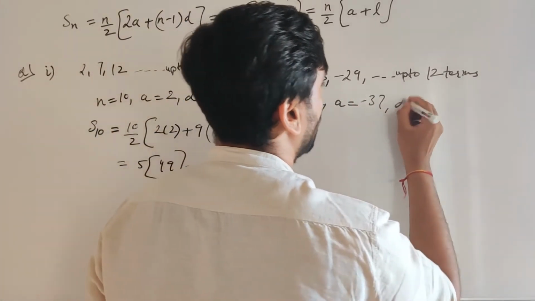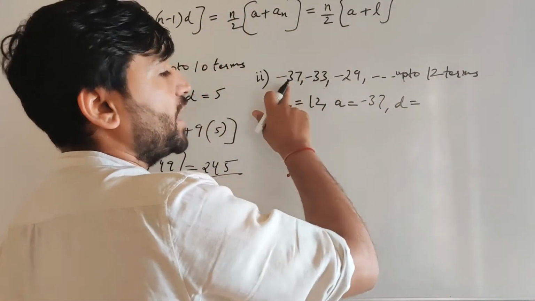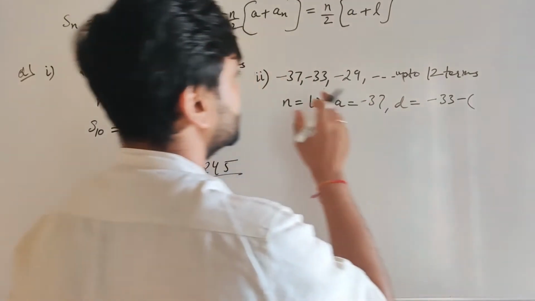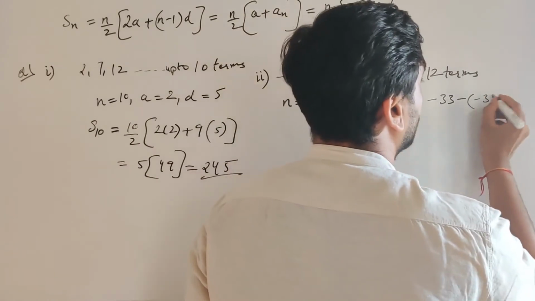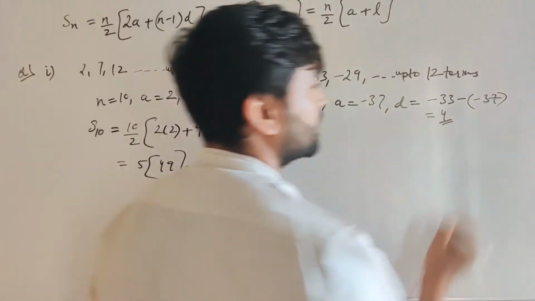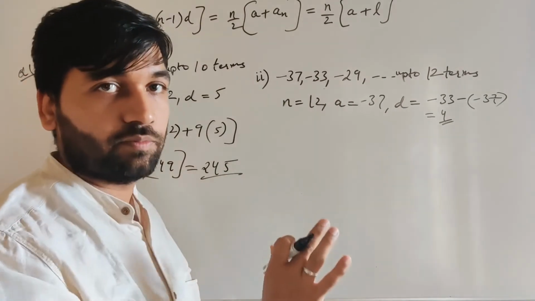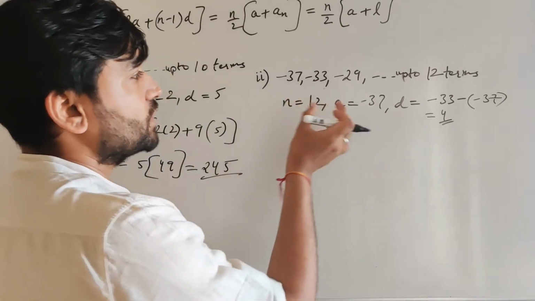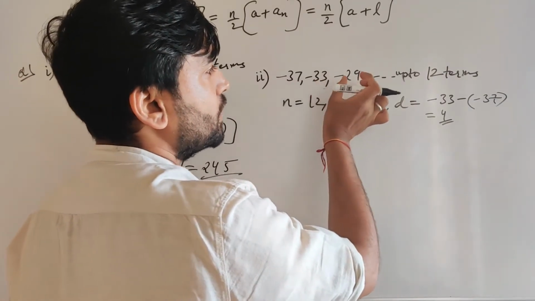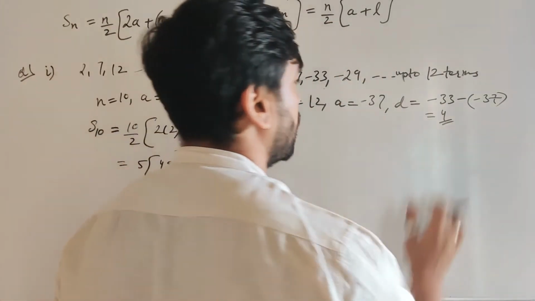The common difference is minus 33 minus the previous term, minus 37, so that gives plus 37 minus 33, which is 4. It's very important that you do the succeeding term minus the preceding term to find the common difference. You can choose any two consecutive terms. Choosing minus 29 minus of minus 33 still gives you a common difference of 4.